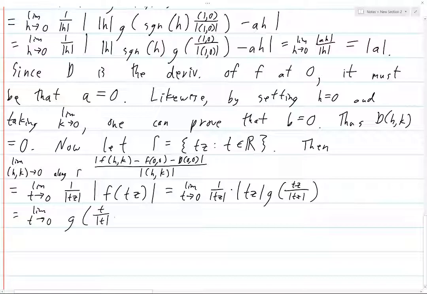And so we're going to end up with the limit as t goes to 0 of g of sine of t times, well, the norm of z is 1, so this is just z. So this is the limit as t goes to 0 of sine of t times g of z.